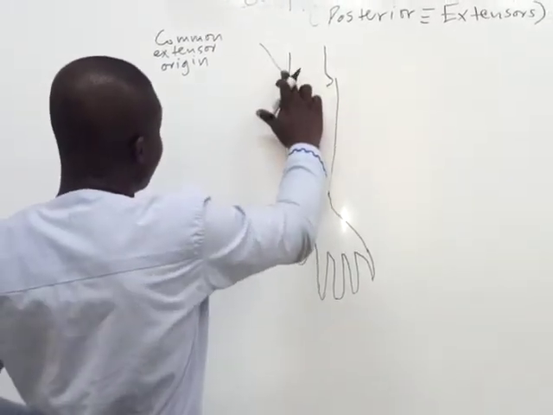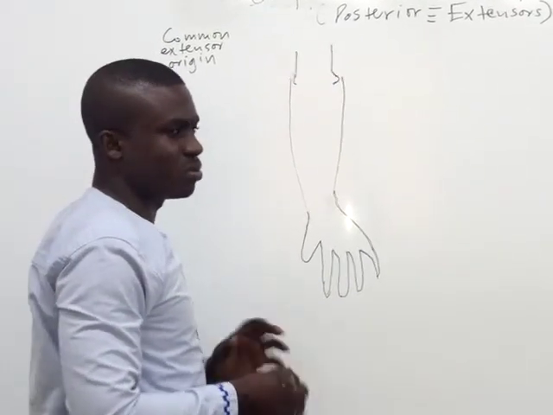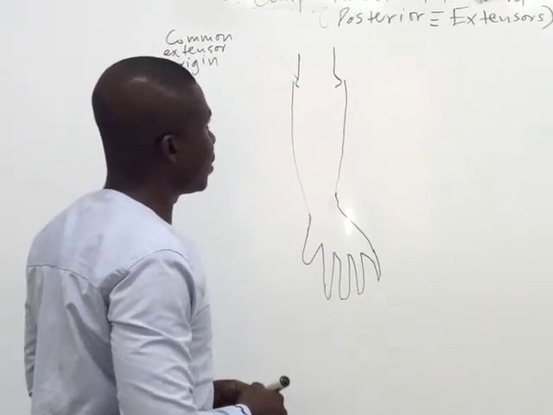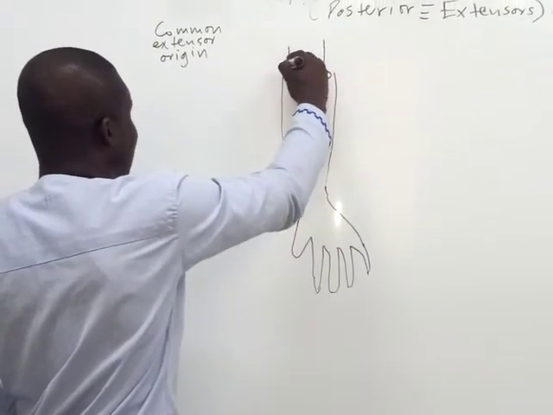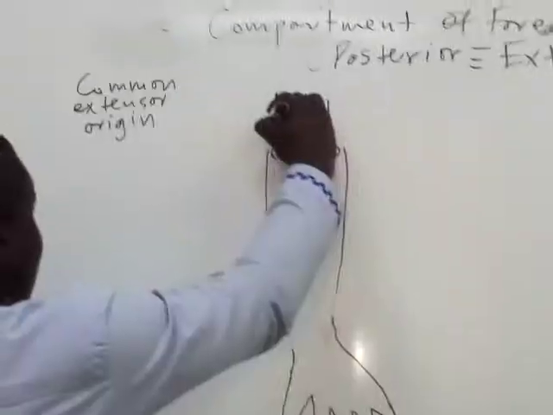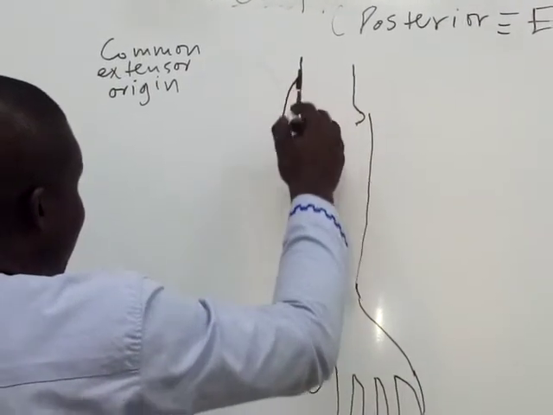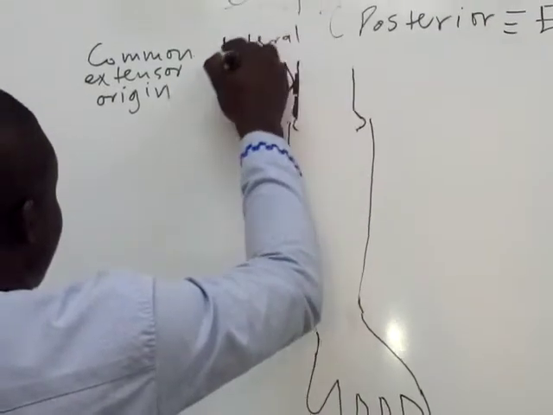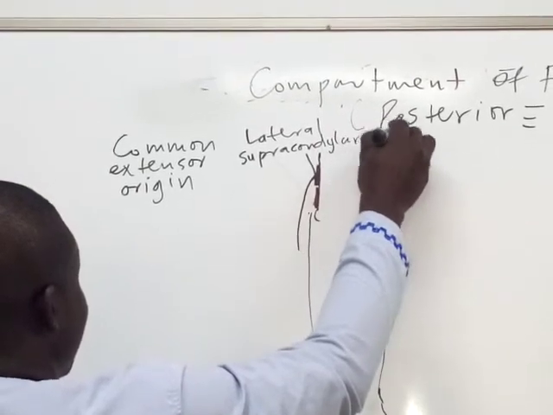Now, before we look at that one, there is a muscle about which there is some uncertainty as regards whether we should call it an extensor or a flexor, because at the end of the day it takes origin from the superior aspect of the lateral supracondylar ridge.